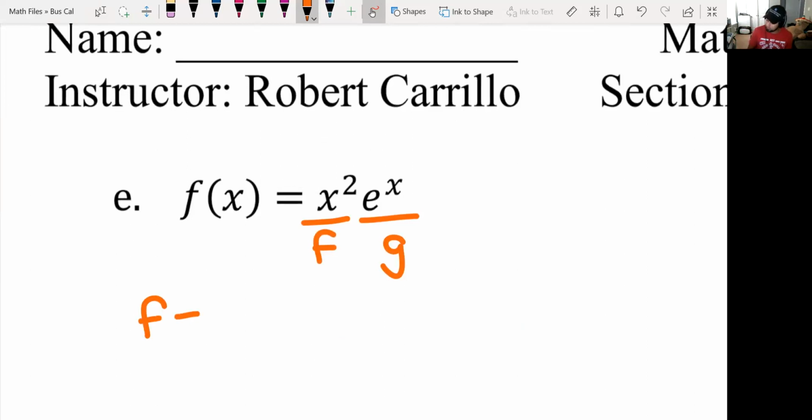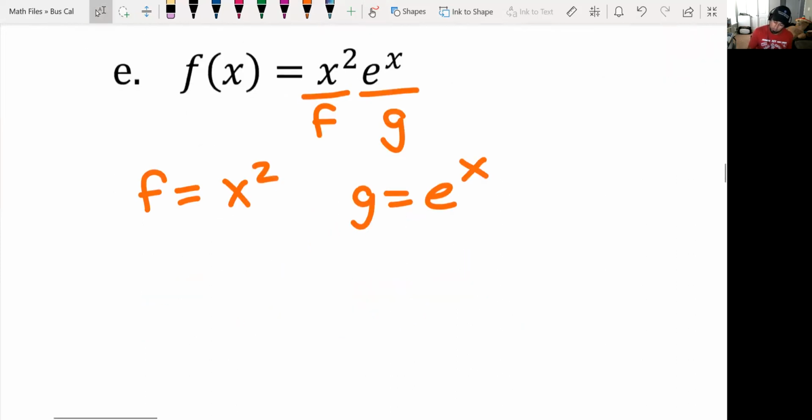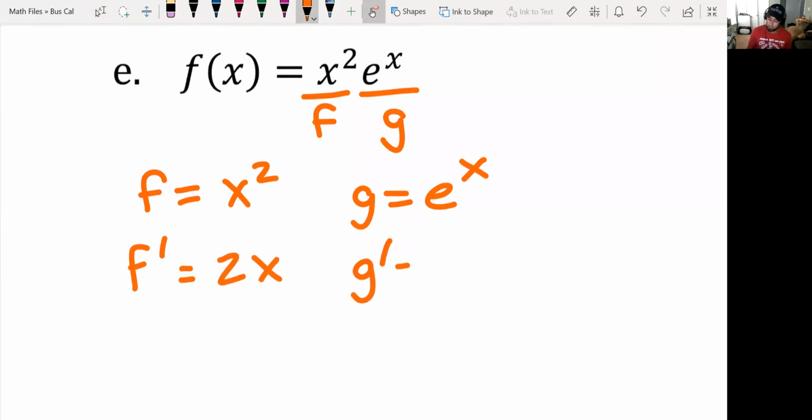So f equals x squared, g equals e to the x. F prime is 2x. G prime, still e to the x.